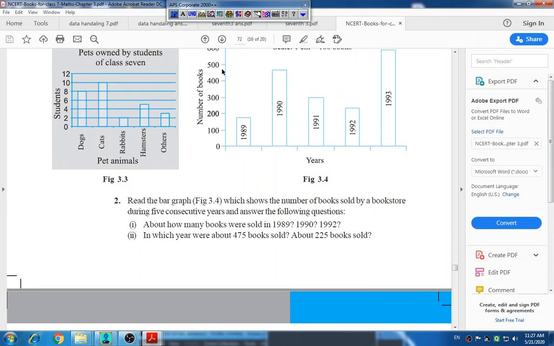So look here, the scale shows the year 1990. So in 1990, 475 books were sold. And this 225 is between 200 and 300, so the bar shows the year 1992. So that means 225 books were sold in 1992.